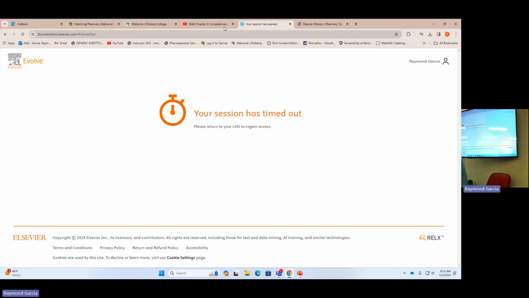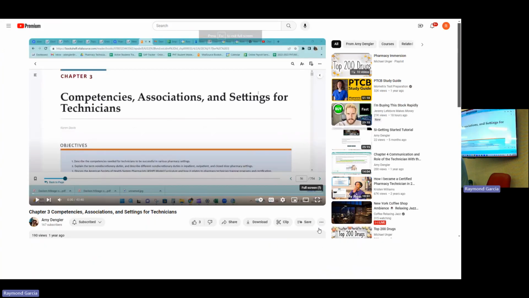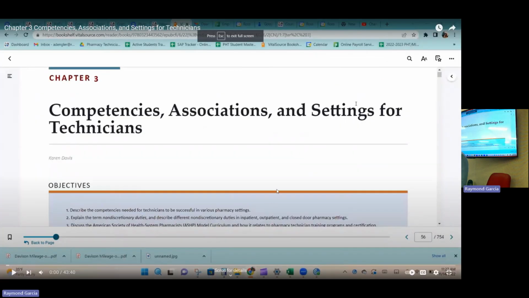All right. So chapter 3 consists of the different types of jobs a technician can do, the associations and settings, the different settings for a technician.